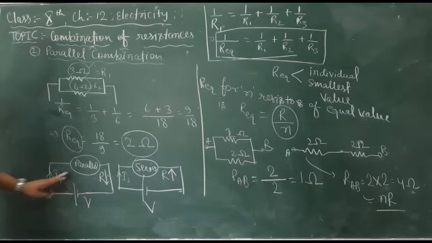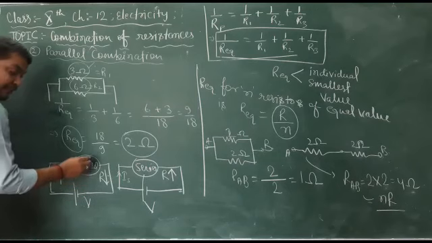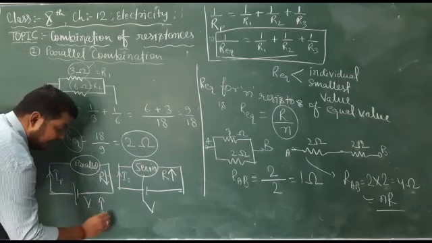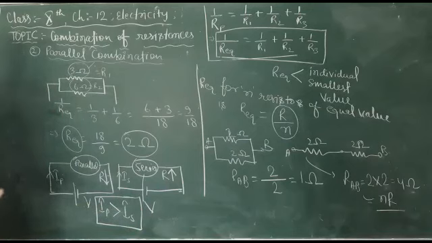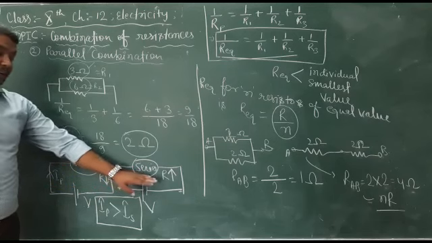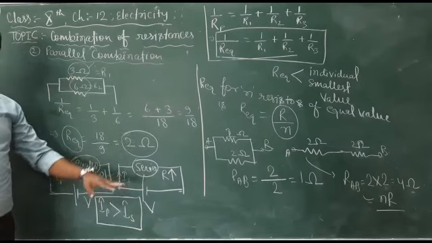So for the same value of resistors connected in series and parallel, and for the same supply, we will have IP greater than IS. This is because the equivalent resistance in parallel combination is lower than the individual resistances, and in series combination the equivalent resistance is higher than the individual resistance. That's why the current in series will be of lower value.